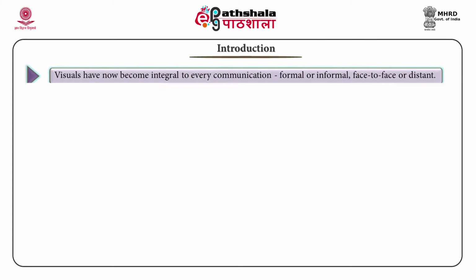So, we can't just ignore visuals to know the social reality, to understand social situation, or to make sure that a particular understanding of social reality can be understood by others. Visuals have now become integral to every communication, formal or informal, face to face or distant.